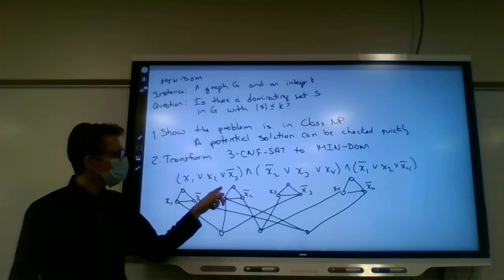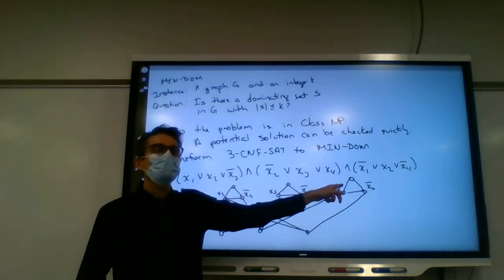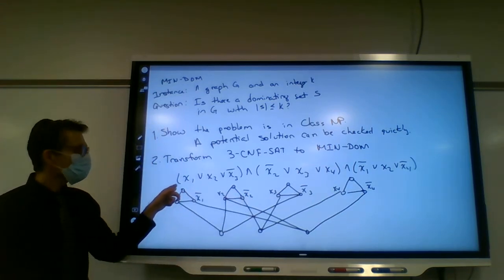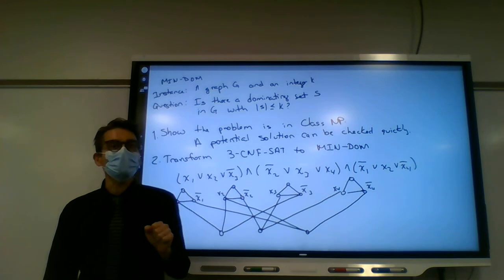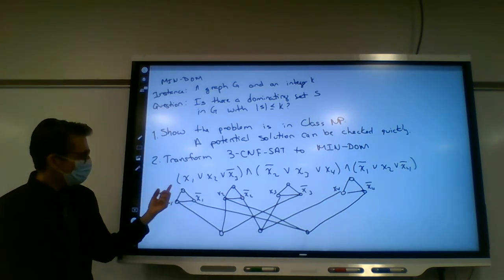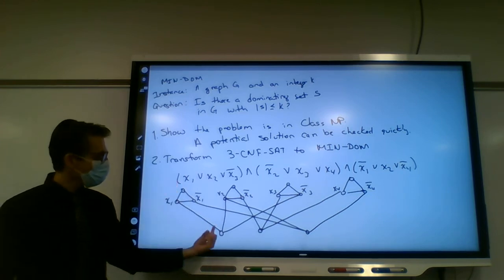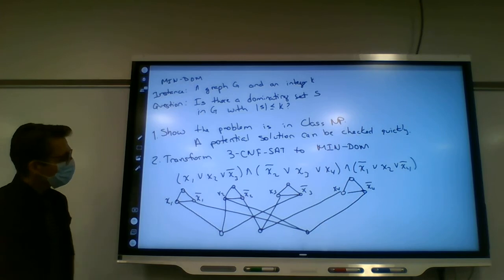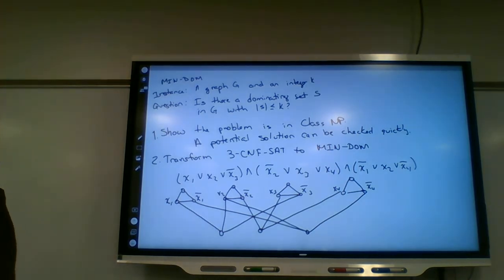What are we going to have to do in each triangle? We're going to have to pick something from each triangle, because otherwise the top of the triangle won't be dominated. And when we pick something from each triangle, that will dominate the whole triangle, but then we also need to make sure that all of the clauses get dominated. All right, so do you want to pick x1 or not x1?